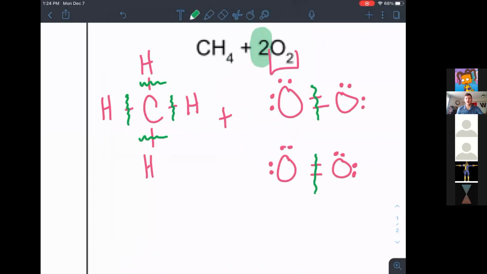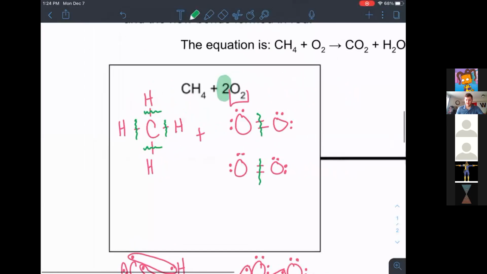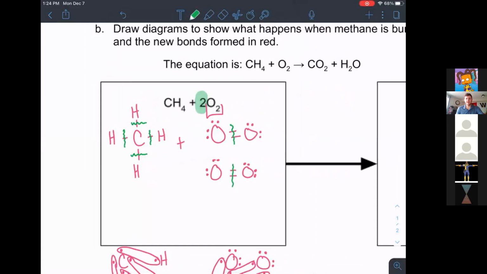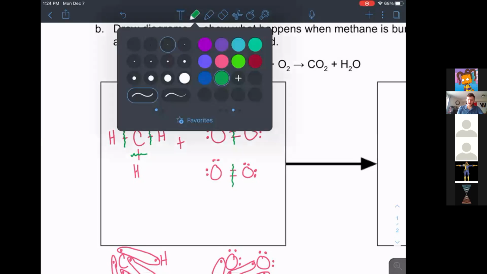So I've broken all those bonds. My next step is going to be to show where the new bonds are going to be formed.